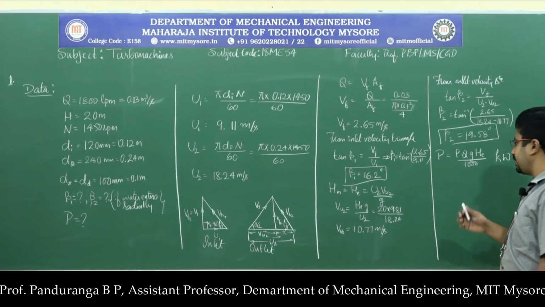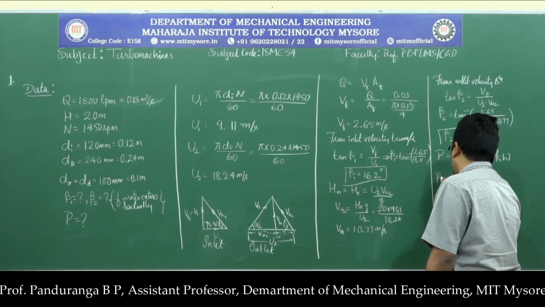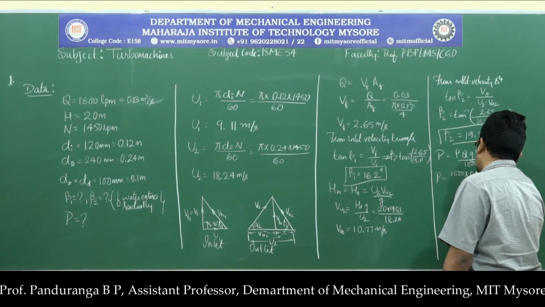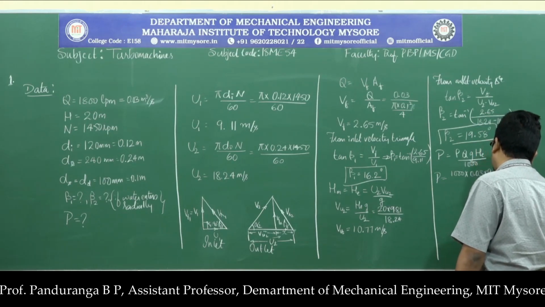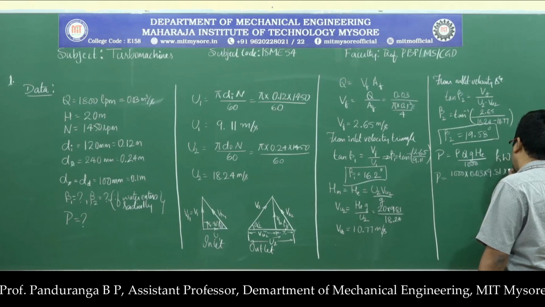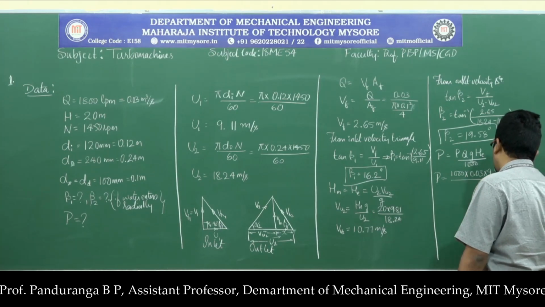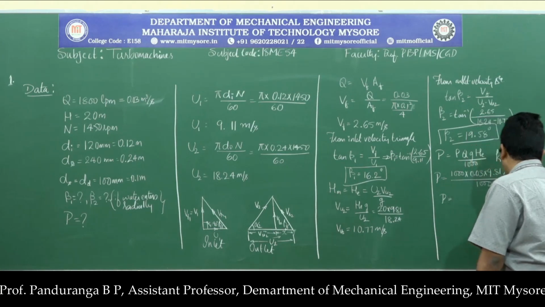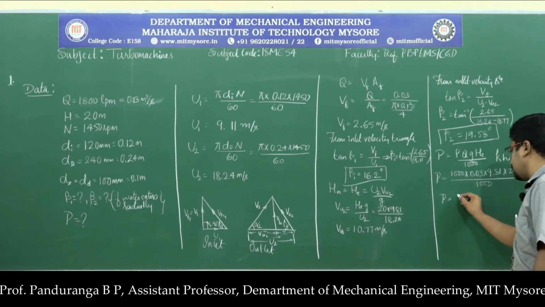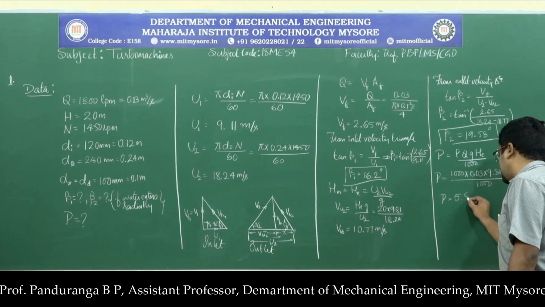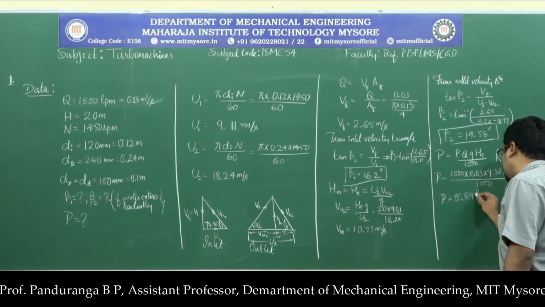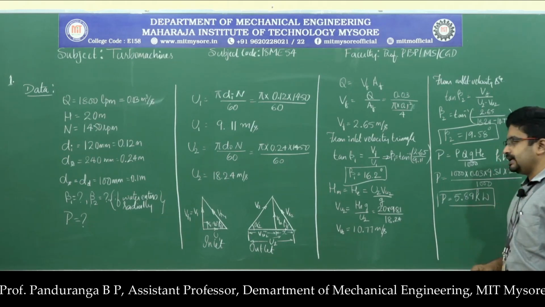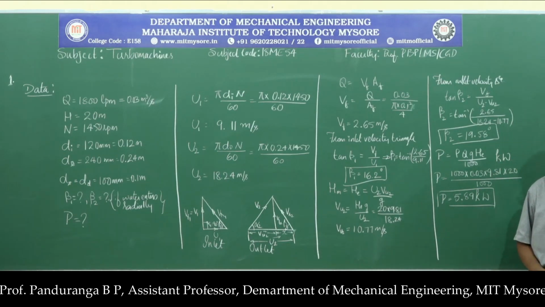So power will be equal to 1000 multiplied by 0.03 multiplied by 9.81 multiplied by 20 divided by 1000. If you simplify this, we get power as 5.89 kilowatts. So this is the power developed by the centrifugal pump.